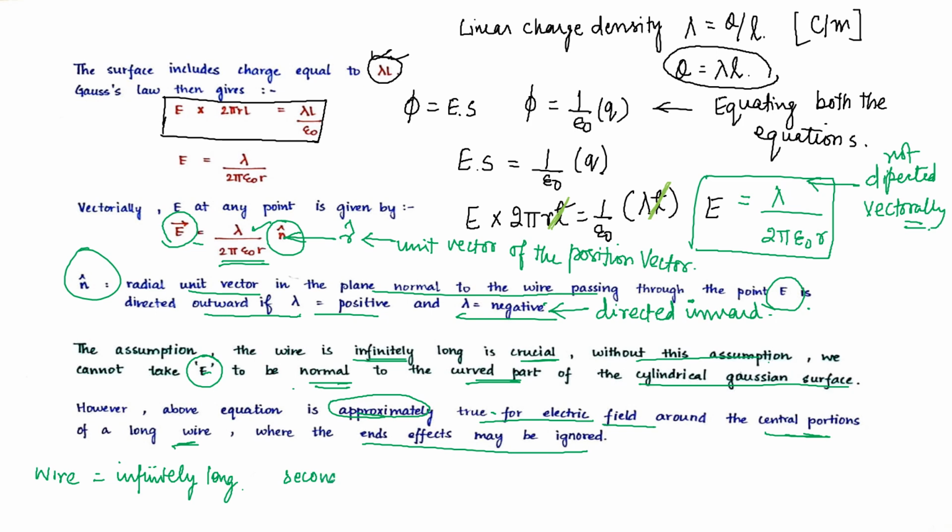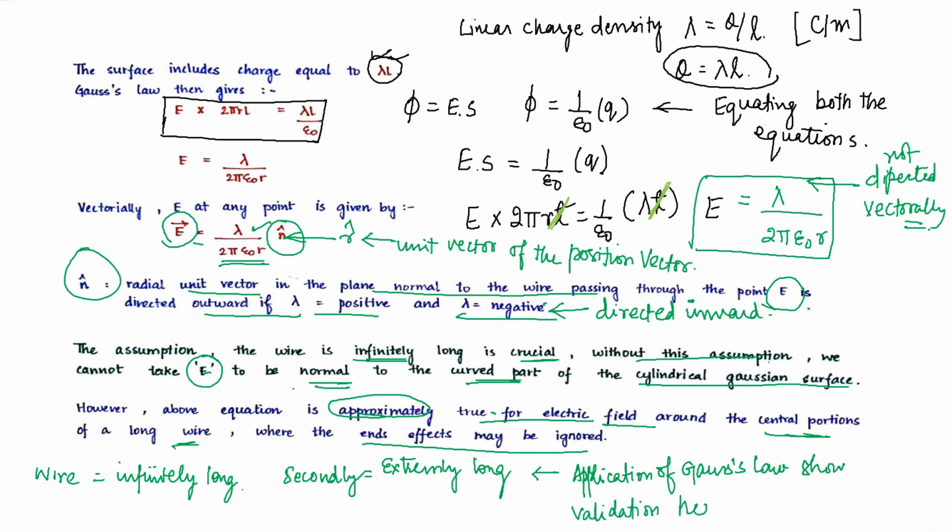Secondly, if we say that our wire is extremely long, but we are not saying that it is infinite, in such cases this application of Gauss's law shows validity near the center of the wire. Right in the middle of the wire, the application of Gauss's law will be valid.